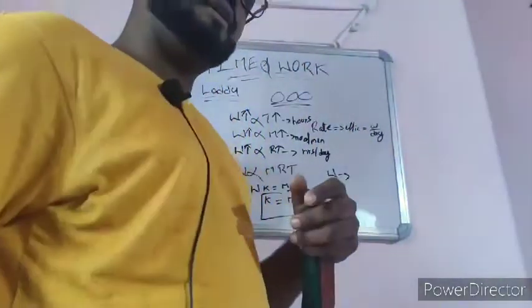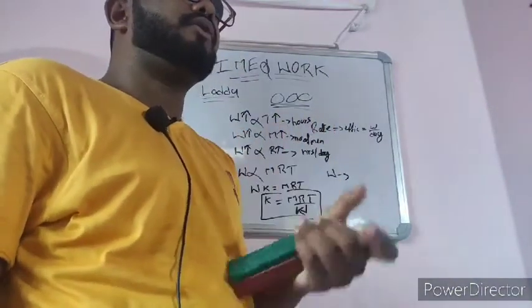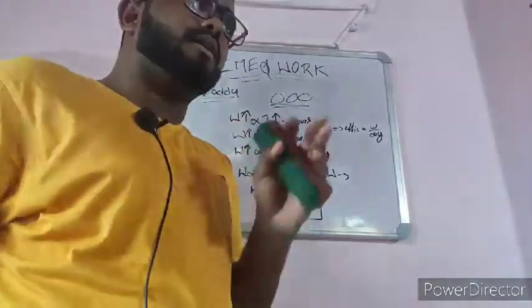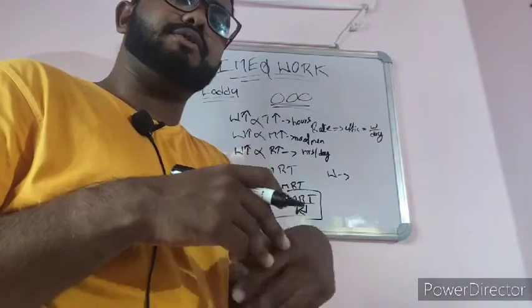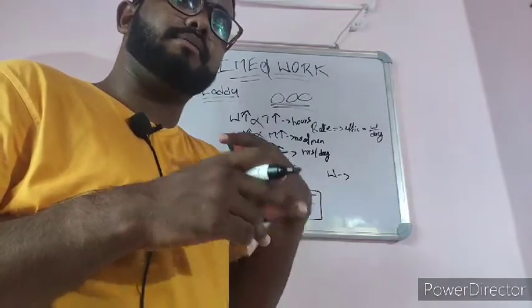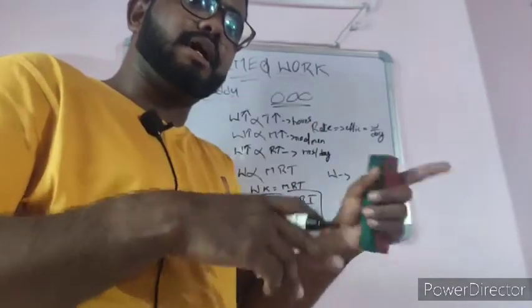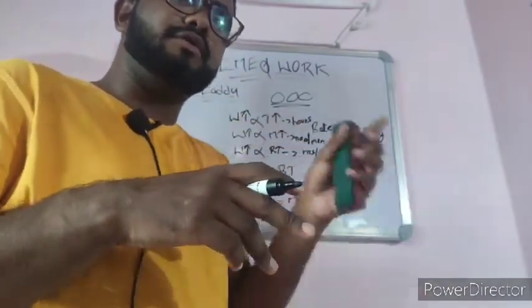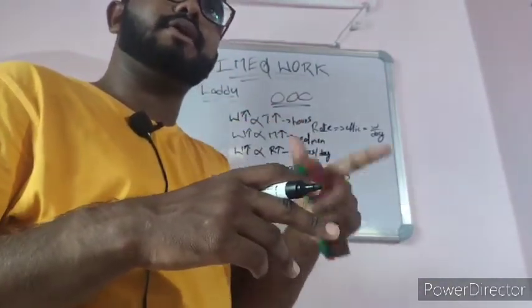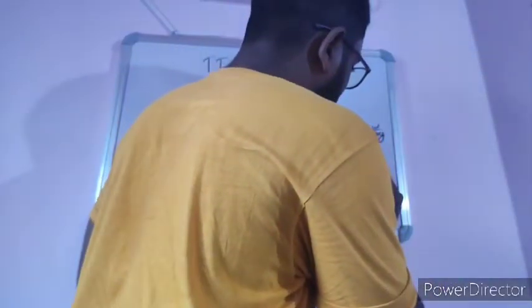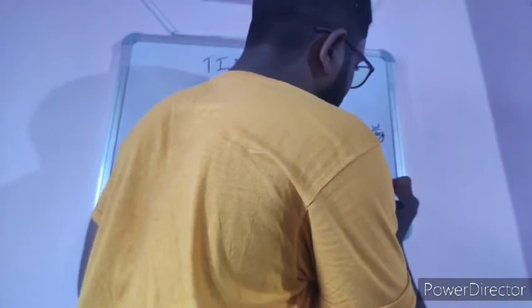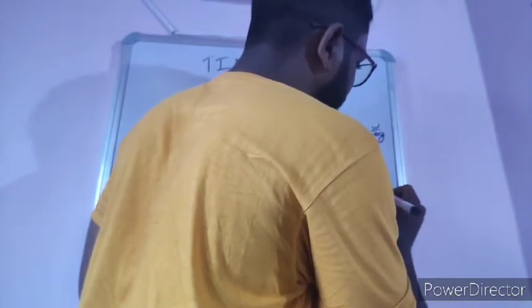Next comes work. The unit of work changes constantly. If I take the example of laying a road, the work done units are in kilometers or meters, depending on the distance.